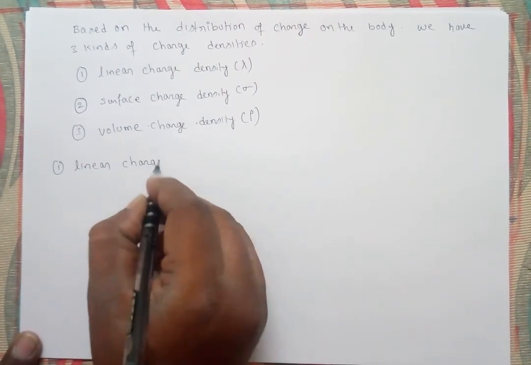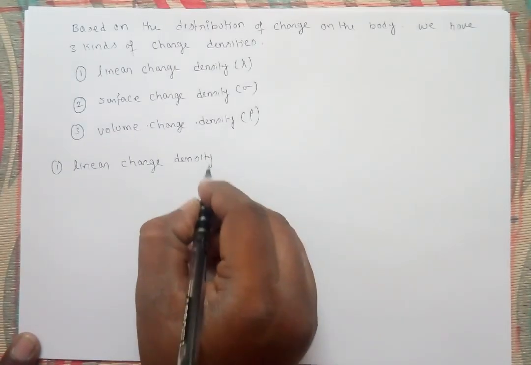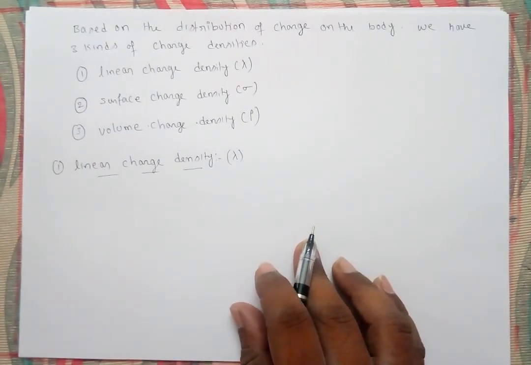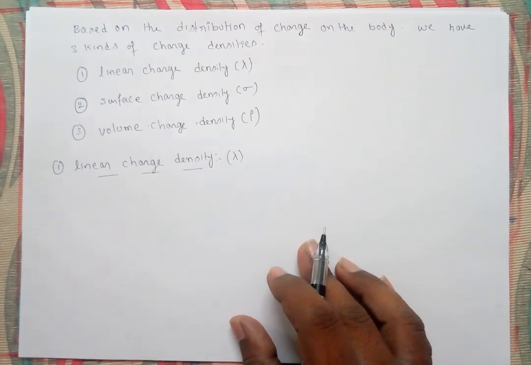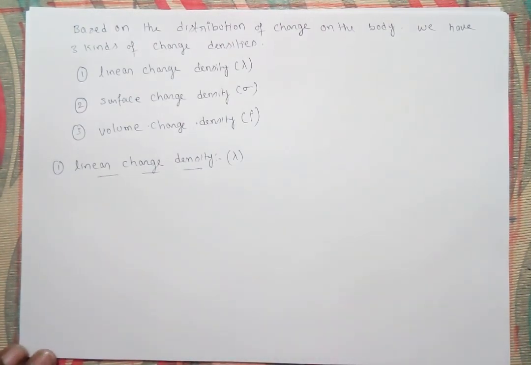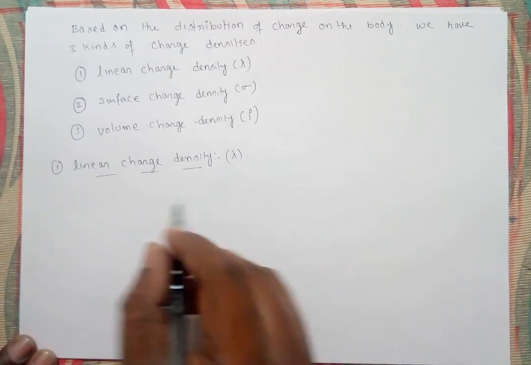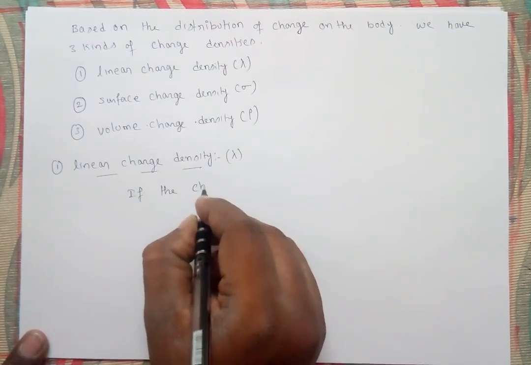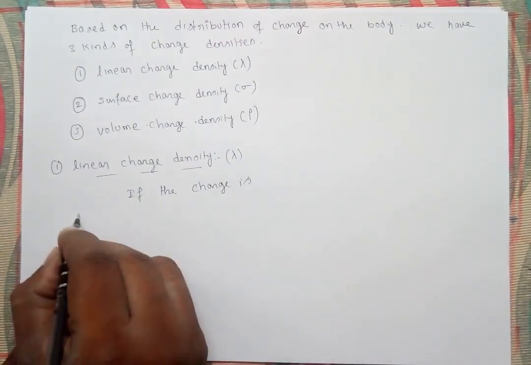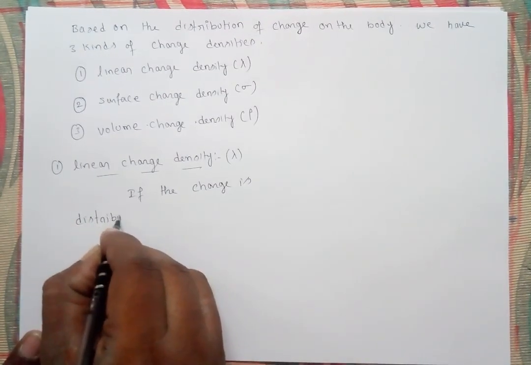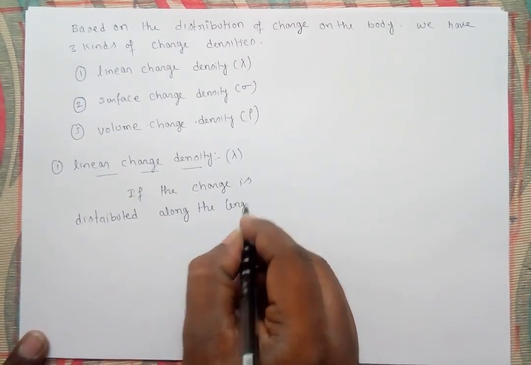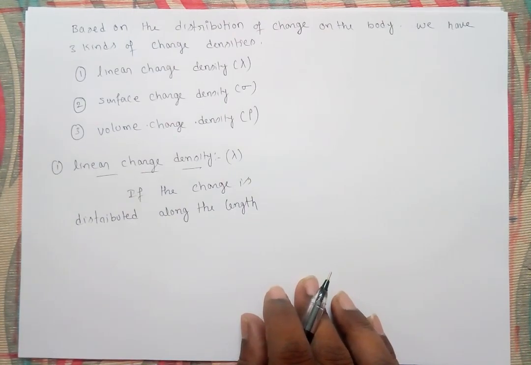Linear charge density, lambda. If the charge is distributed along the length, then we can go for the linear charge density.